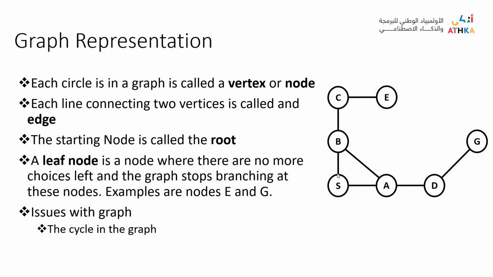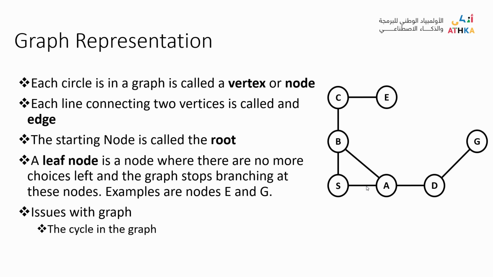So if a computer agent is trying to do a search, and it happens that it is always selecting S, A, B, S, then A, B, S, then A, B, S, it is going to go into a loop over here, and it's not going to ever find the goal that is over here. So it'll keep on going in a loop. And this is why when we are doing search, we do not like to have these loops inside the graph.